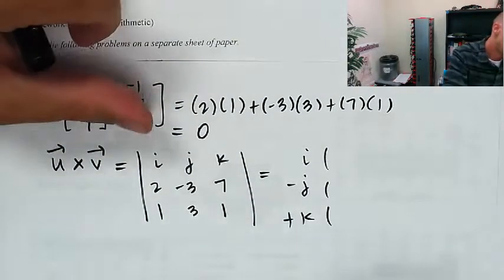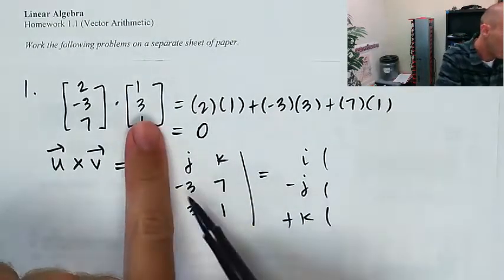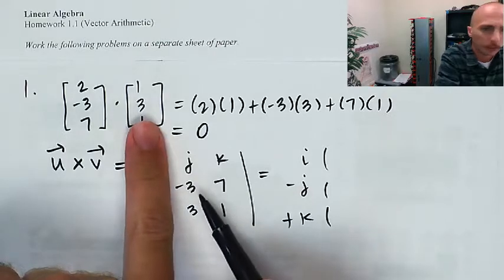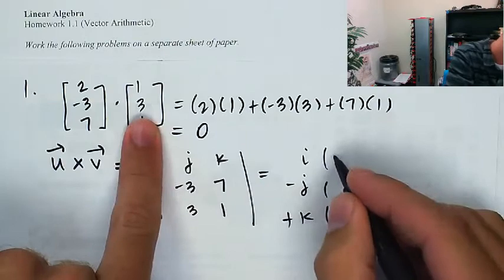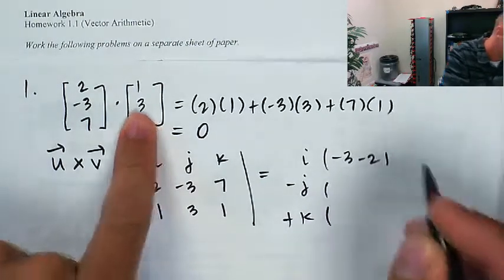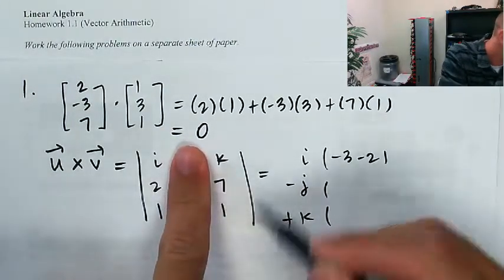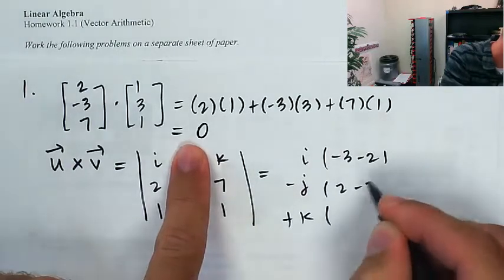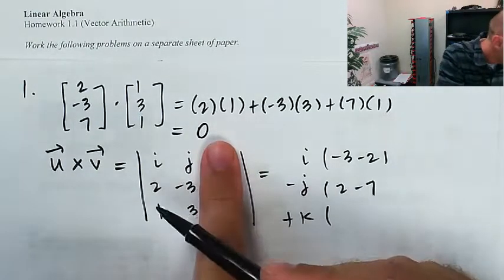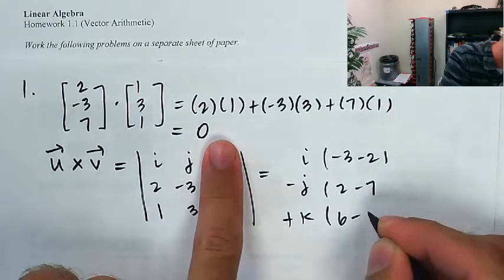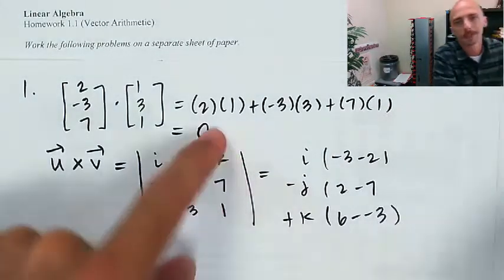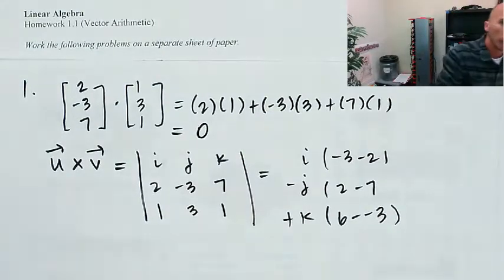All right, so what I'm going to do is cover up i and take the subdeterminant, really what that is. Negative 3 minus 21, minus j times 2 minus 7, plus k times 6 minus negative 3. All right, that's where the errors come in here.